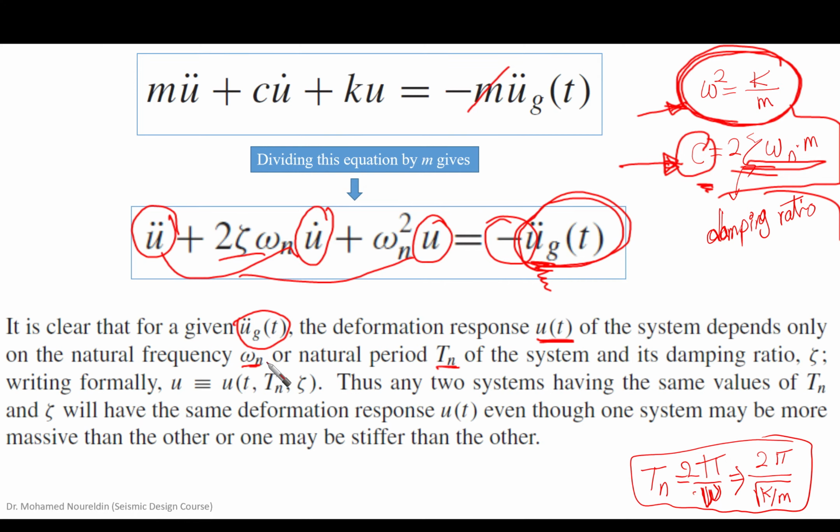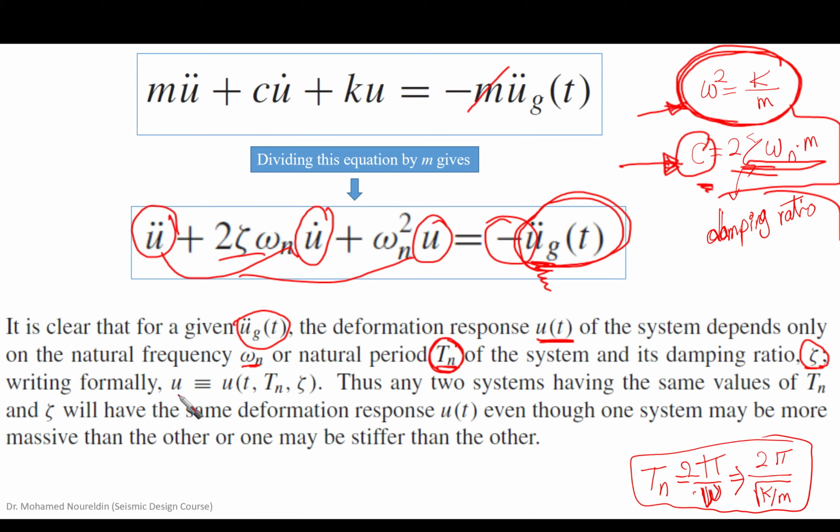So the system deformation relies on omega n, or the natural period of the system, and its damping ratio.